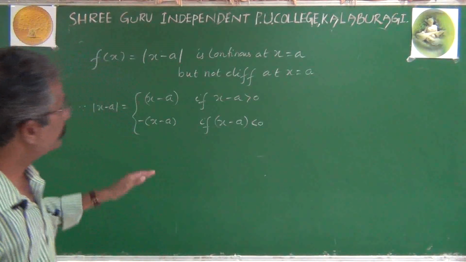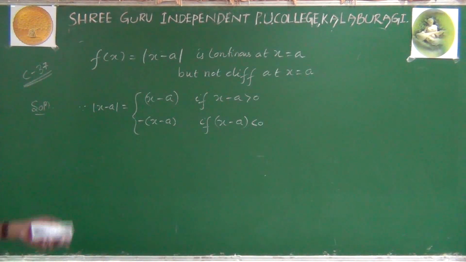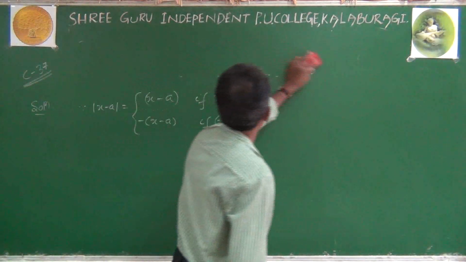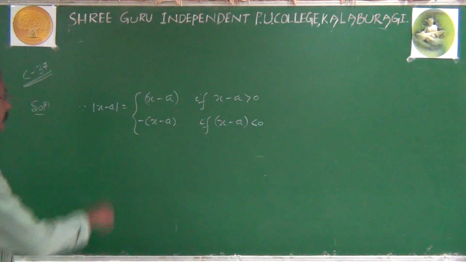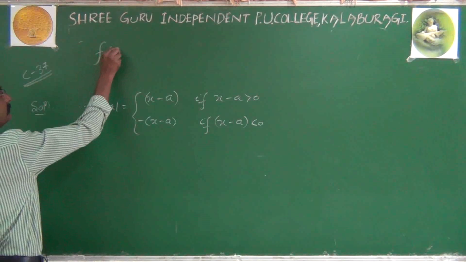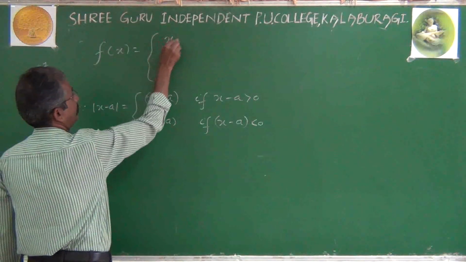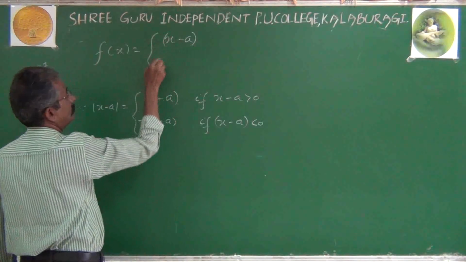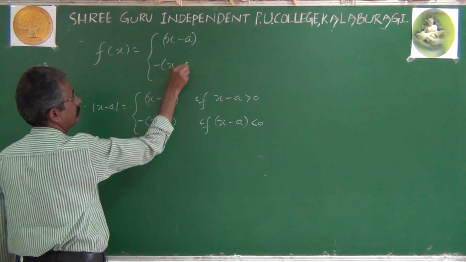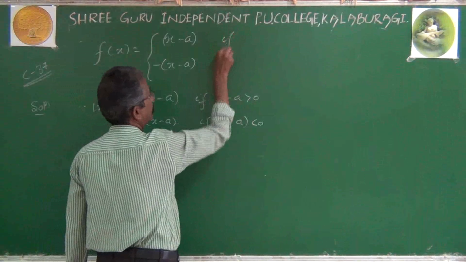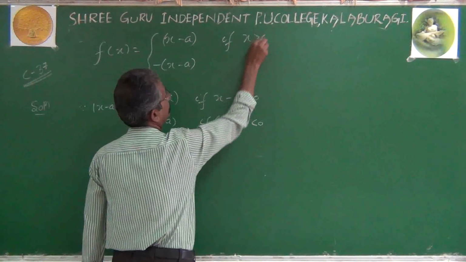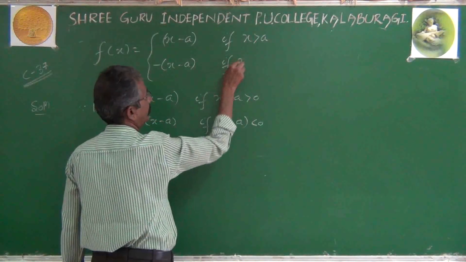Now, the same function we can also write in this format. So now f of x can be rewritten with two values: first value x minus a if x is greater than a, second value minus of x minus a if x is less than a.